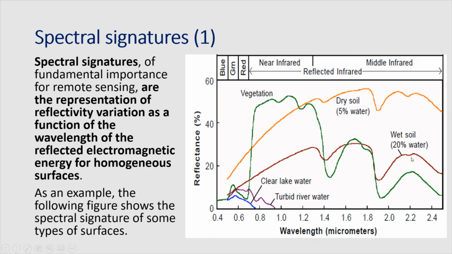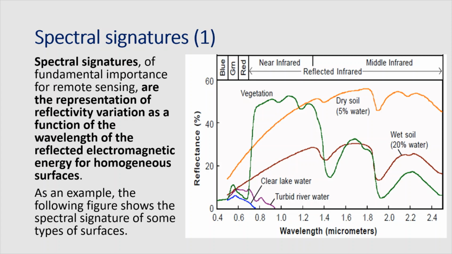Well, you see, for example, here we have these two orange and, let's say, maroon spectral signatures. We have soil. In remote sensing, the term soil means soil where there's no vegetation over this particular terrain.